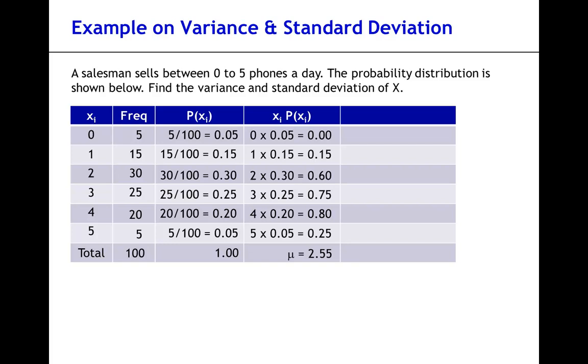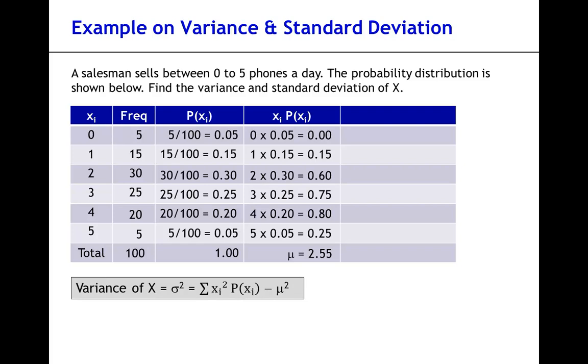In this example on phone sales, we are to compute the variance and the standard deviation. To get the variance, we use this formula, bearing in mind that we found mu to be 2.55 earlier. First, let's create another column for x sub i squared times P of x sub i. To get that, we take column 1, multiply by itself, then multiply by column 3.